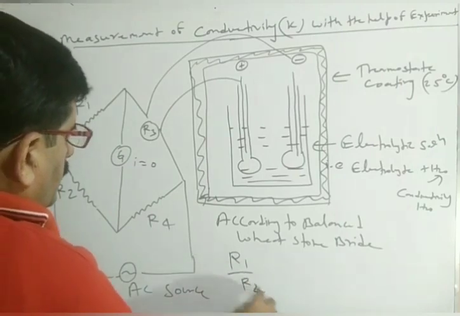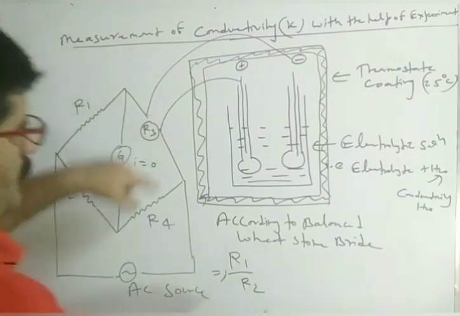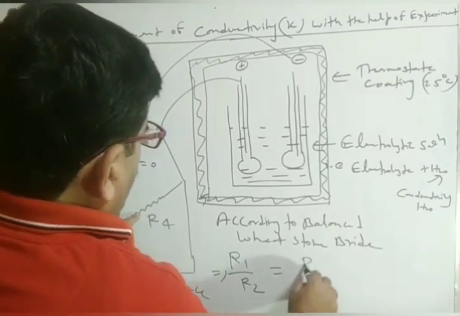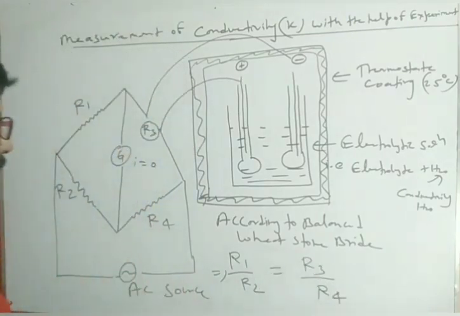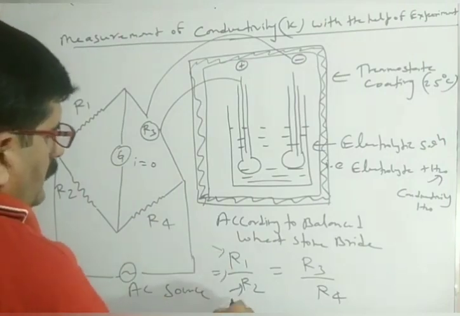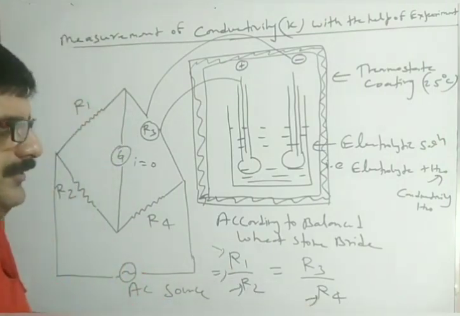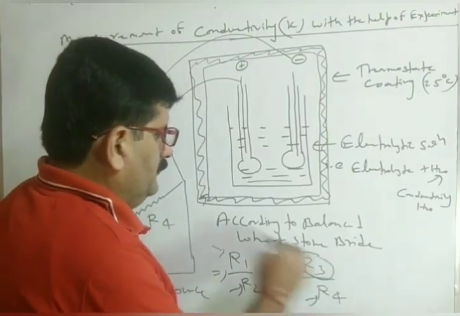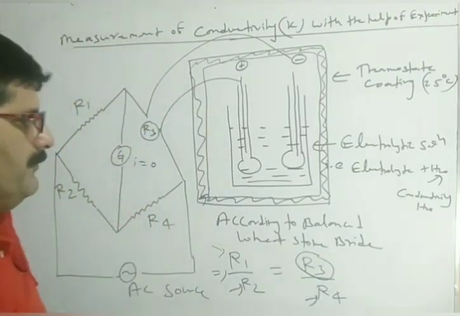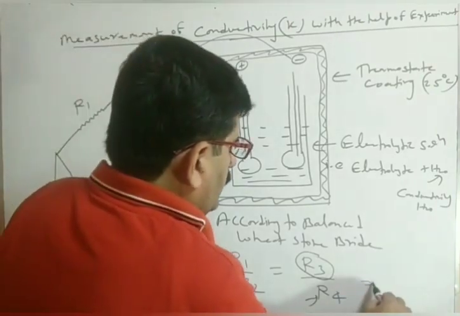R1 by R2 is equal to what? R3 upon R4. R1, R2, R4 are given by you and R3 is unknown. So with the help of this experiment, we find out what?